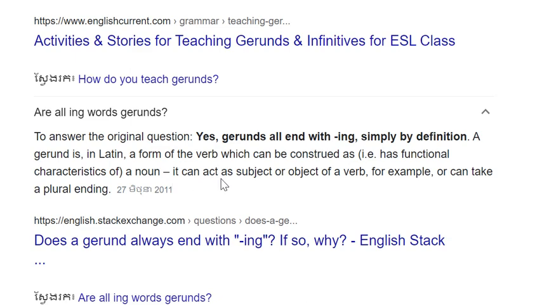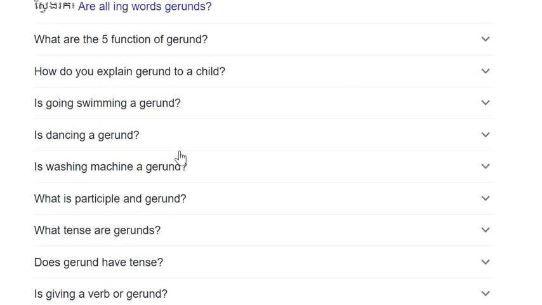It can act as subject or object of a verb, for example, or can take a plural ending. So, that explains its functions.